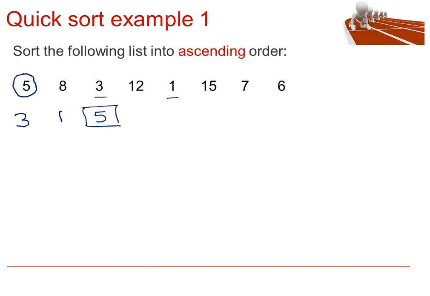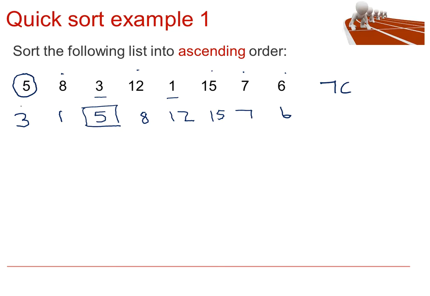And on the right-hand side, I will write the numbers that are larger, these being 8, 12, 15, 7 and 6. Note that I have not changed the order in which these appear in the original list. I have made 7 comparisons to do this. In other words, I've compared the 5 with each of the other numbers in the list. That 5 is now in the right position in terms of the ascending order.